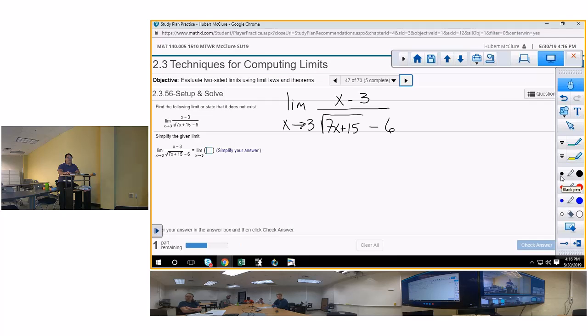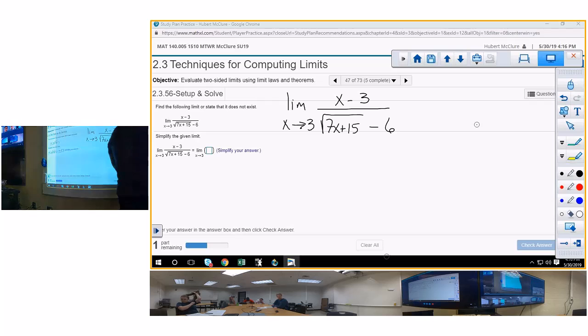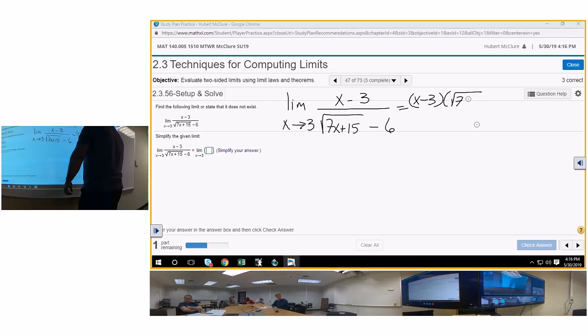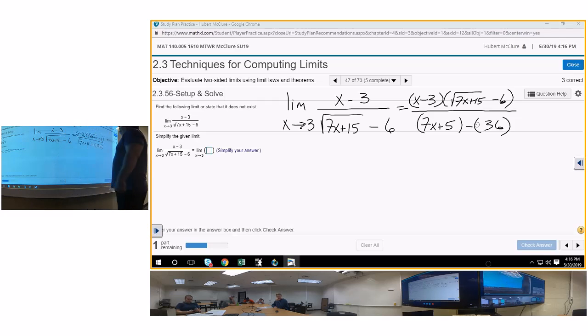All right, so I'm going to multiply through by the square root of 7x plus 15 minus 6, which is going to give us (x minus 3) times the square root of 7x plus 15 minus 6, over, well, that's going to be 7x plus 15 minus what? 36, right?